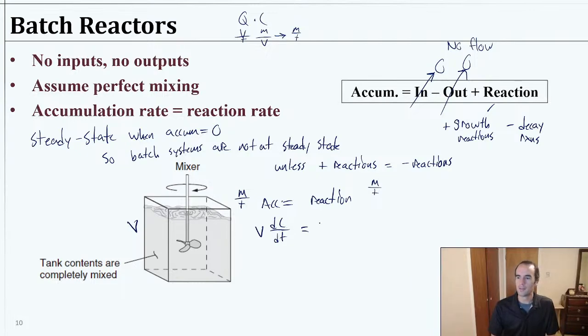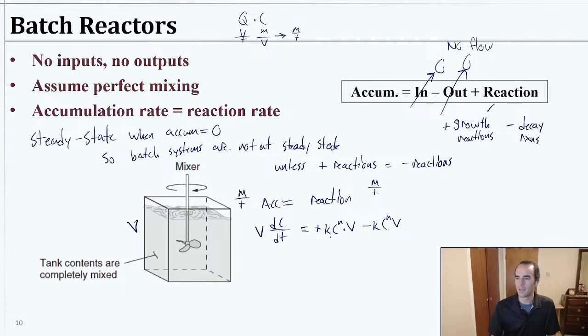So V dc dt is going to be equal to the reaction, and here we could say plus k c to the nth power in the volume minus k c to the n value in that volume.